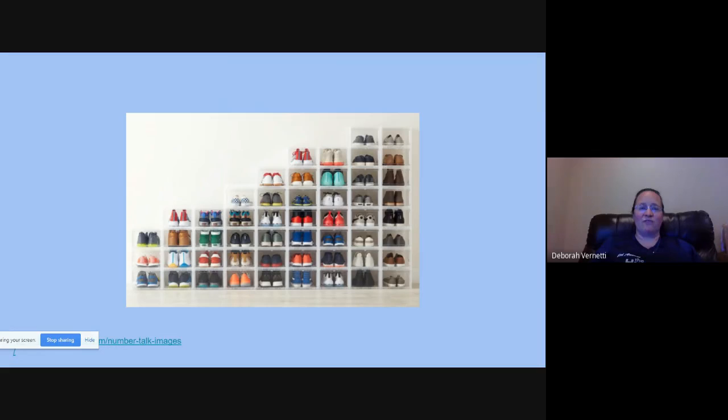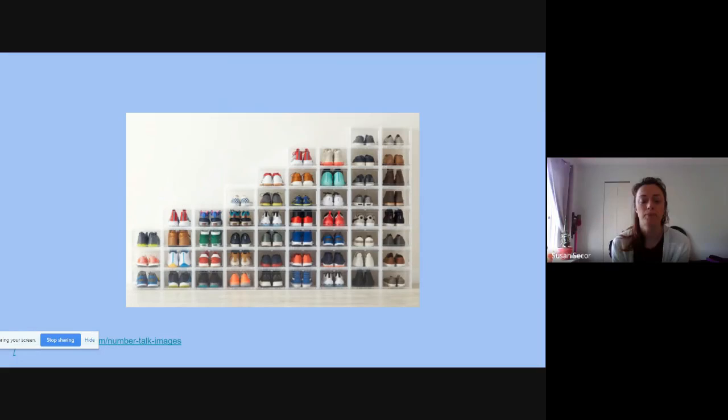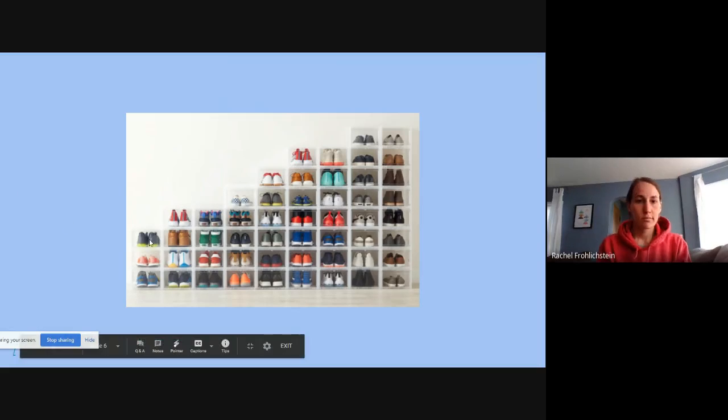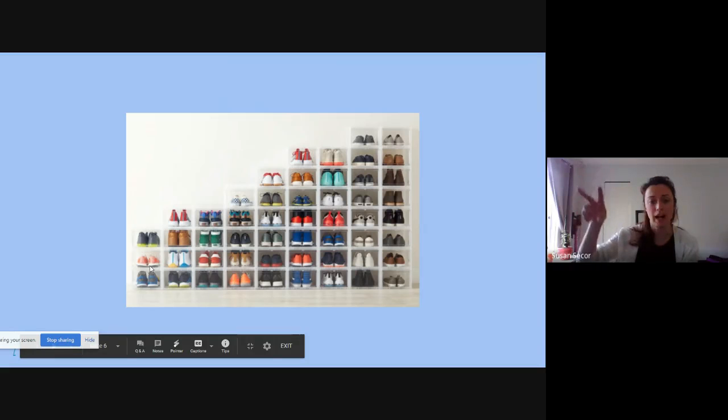Miss Secor, do you have a different way that you might have arranged them? Well, I was just thinking about cutting up the picture similar to how Miss Frolickstein started, cutting off a bottom rectangle that's 9 by 10, moving upward in columns.